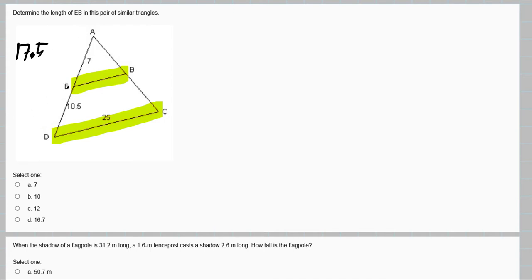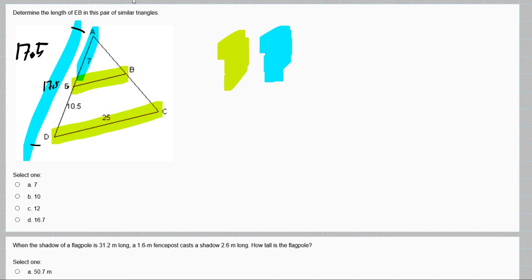Okay, so let's look at these two. We've got 7 and 17.5, which is the length from there all the way to there. And we're going to set up a proportion. So for the yellow ones and for the blue ones, pairs of lines that are related to each other, if they're similar triangles, they should be proportional.